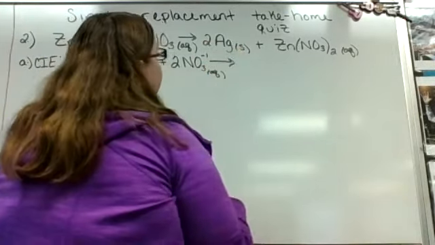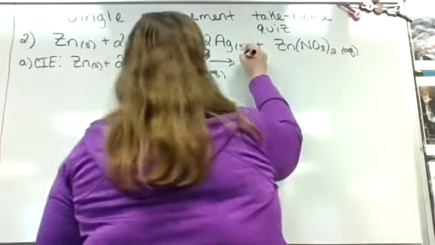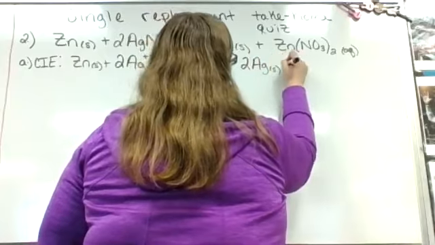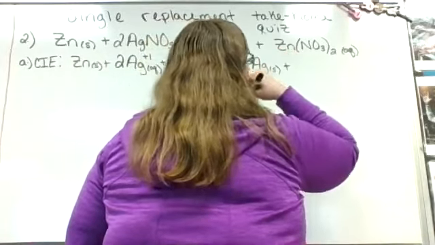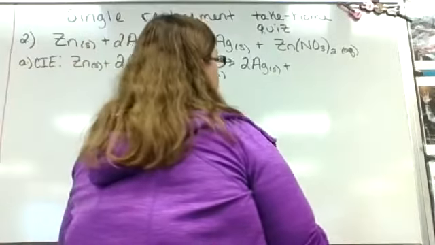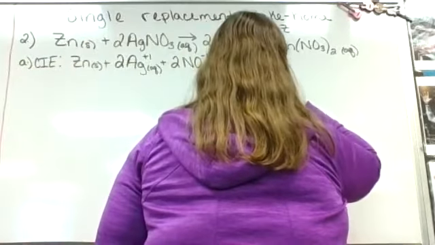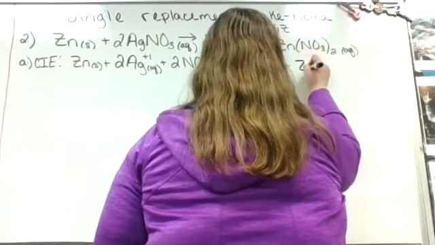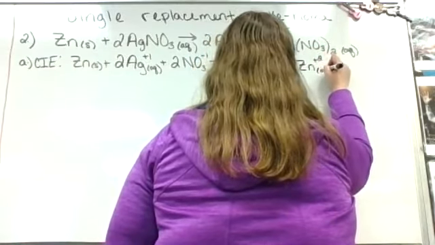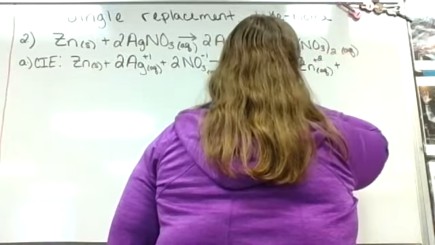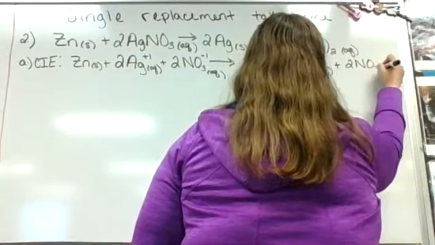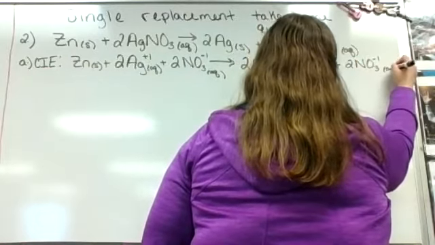Okay, the 2 Ag solid stays the same without a charge. And then what do we do to the zinc nitrate? The Zn(NO3)2. It's aqueous. Break it apart into the Zn plus 2 aqueous. And then what? Good. 2 NO3 minus 1 aqueous.